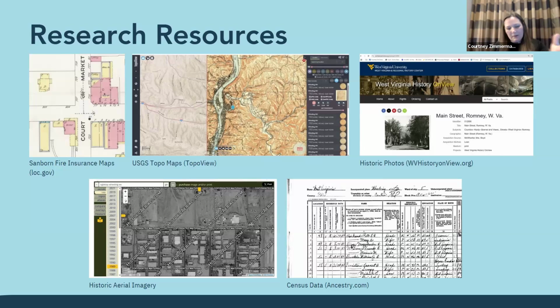Historicaerials.com is one of several places you can find old aerial imagery, but this is one that we use a lot. And then census data. Sometimes it's hard to figure out where exactly these people lived, but you can at least get an idea of what their jobs were and what the family makeup was and demographics from the census. Next.